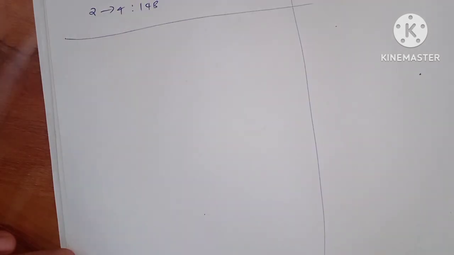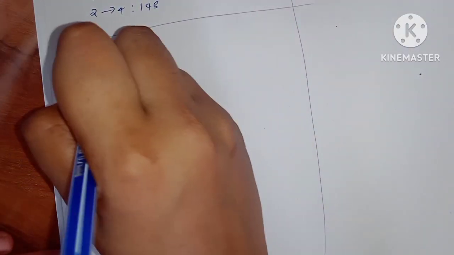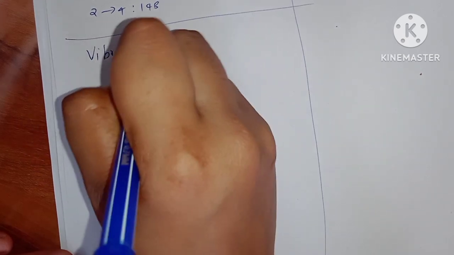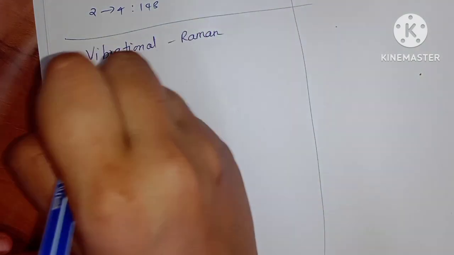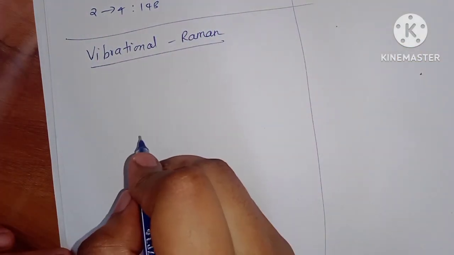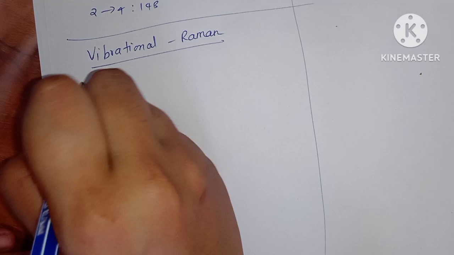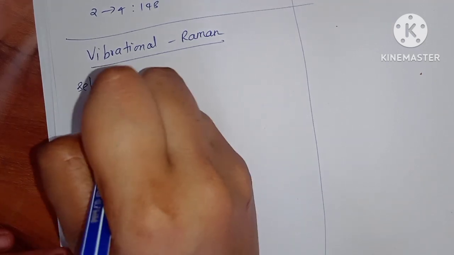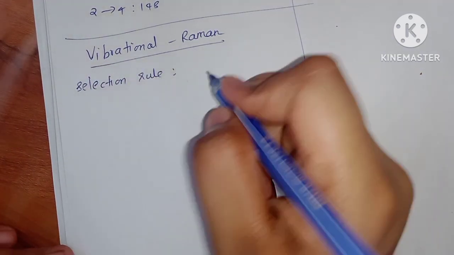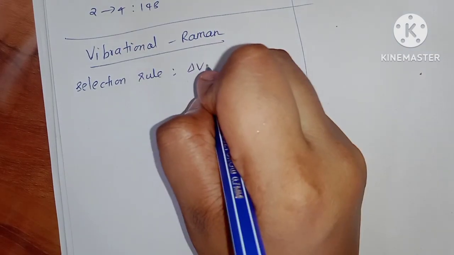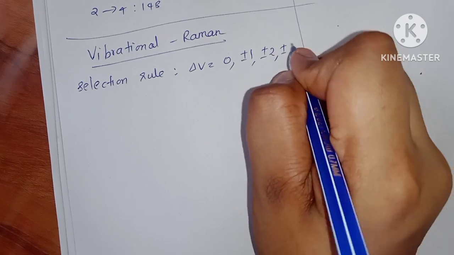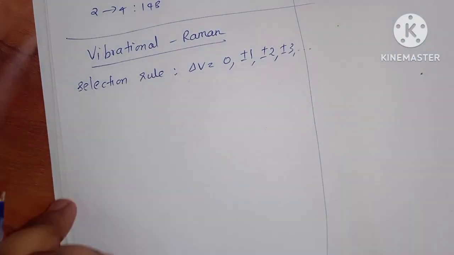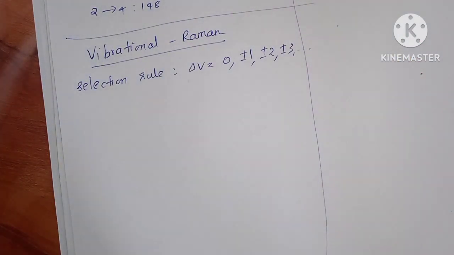And in this section we have to cover one more topic, vibrational Raman spectroscopy, which is the last topic of this chapter. Here first we have to study the gross selection rule, which means which transitions are allowed. That is, delta V equal to 0, plus or minus 1, plus or minus 2, plus or minus 3, etc. are possible in vibrational Raman spectroscopy.